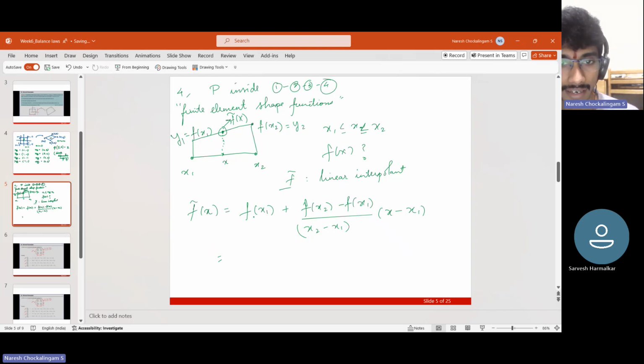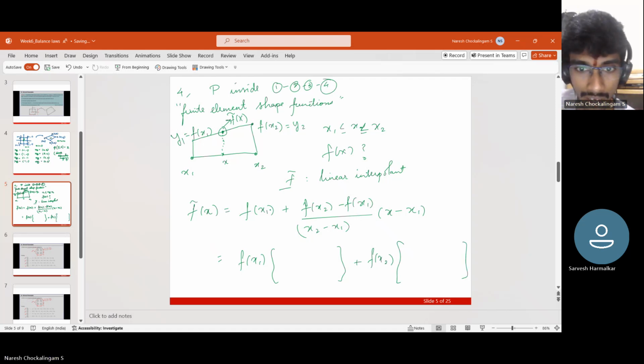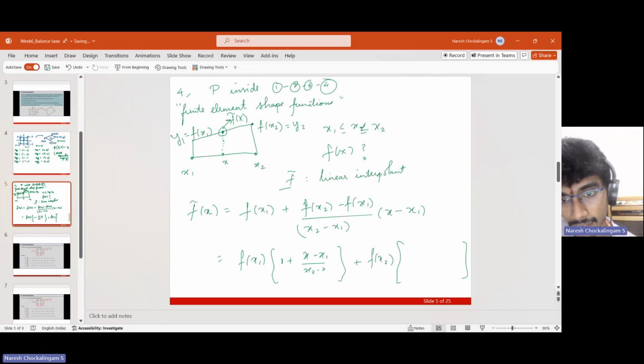So you will get f of x1 multiplied by some function and f of x2 multiplied by some function. So collect all the terms that have f of x1. So you have 1 minus (x minus x1) by (x2 minus x1). Here there is a minus f of x1, so I'll put a minus sign. And what is the thing with f of x2? It is (x minus x1) by (x2 minus x1).